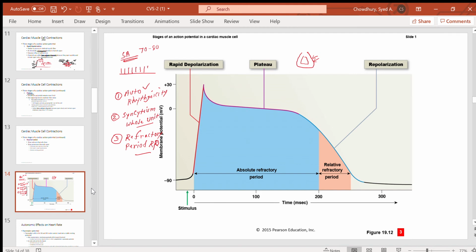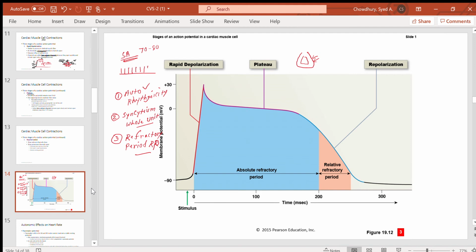If a signal comes from somewhere else in your body while the heart is contracting, the heart muscle should not listen to it, because if it did and stopped contracting, your blood would not get out. The brain would not get the blood, right? The body would not get the blood.